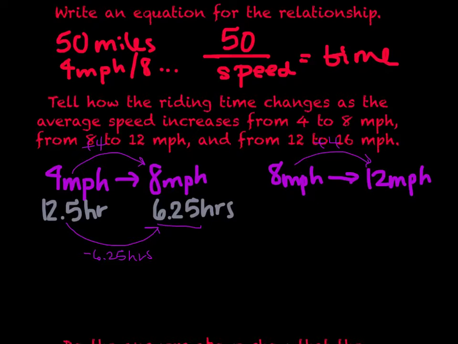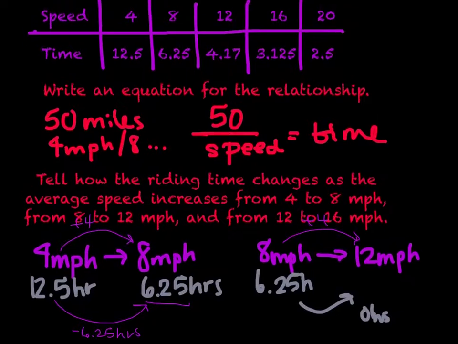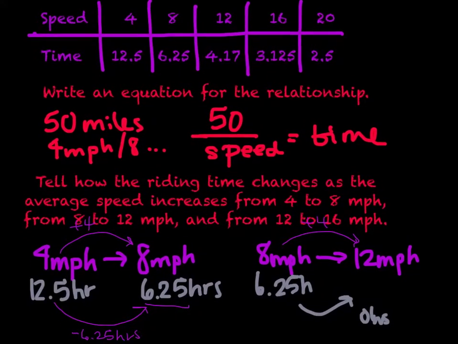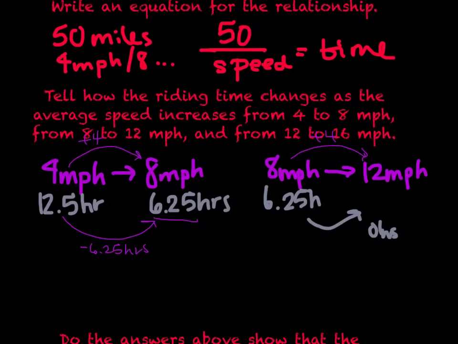Because if we're looking at a linear relationship, that's what should happen. So we have 6.25. We know that's how long it takes at 8 miles per hour. If it was linear, we could predict that as being 0 hours. But if we remember from our table, 12 didn't get us 0. 12 gives us 4.17.